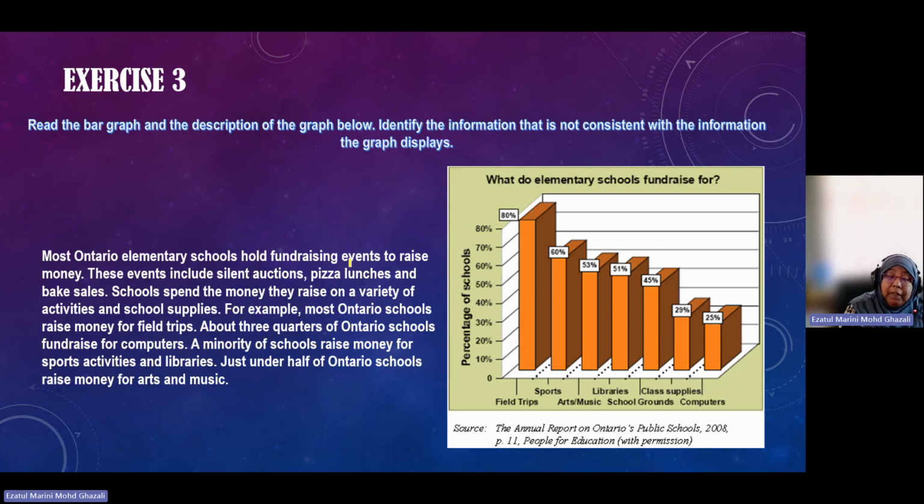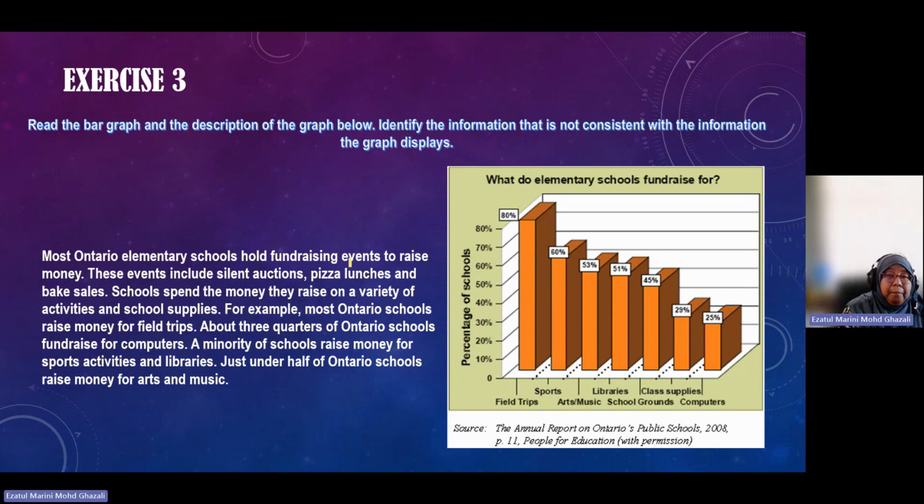If you look at the bar graph, you can see that there are 7 categories being discussed, or 7 purposes of fundraising activity. That is field trip, sports, arts and music, school libraries, school grounds, class supplies, and also computers.